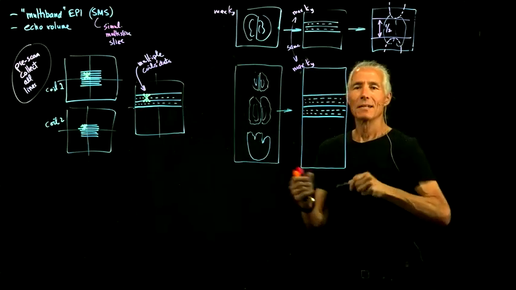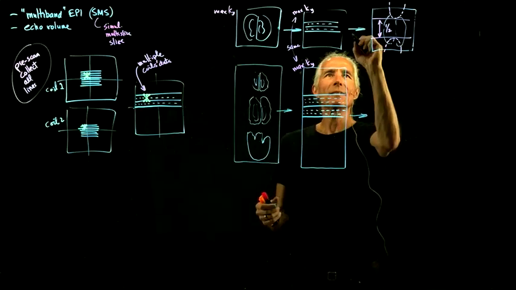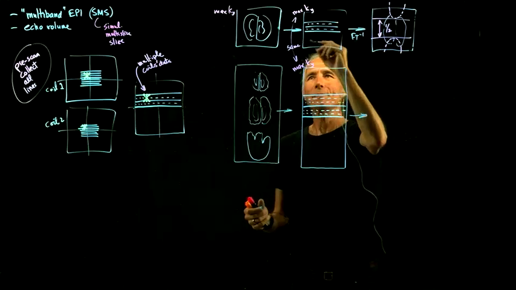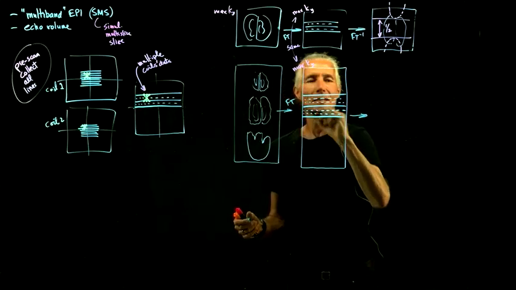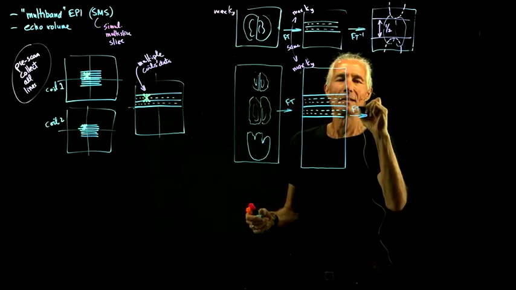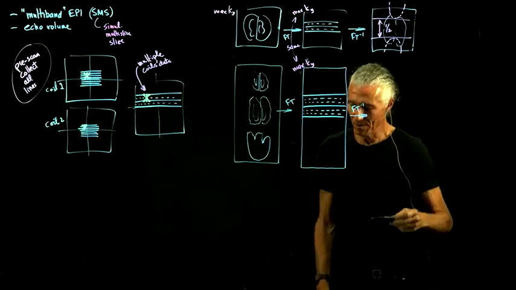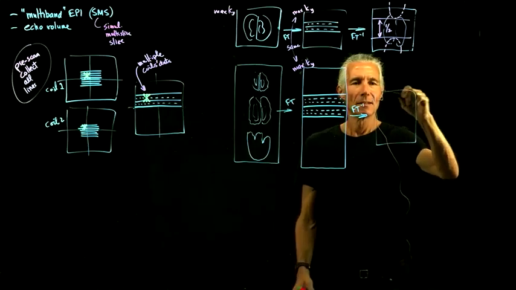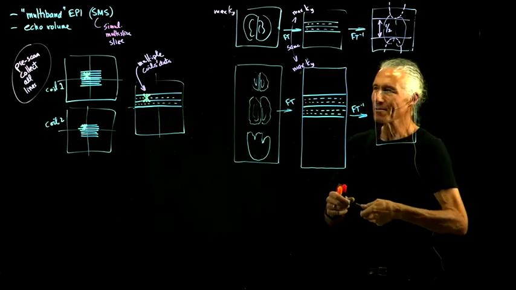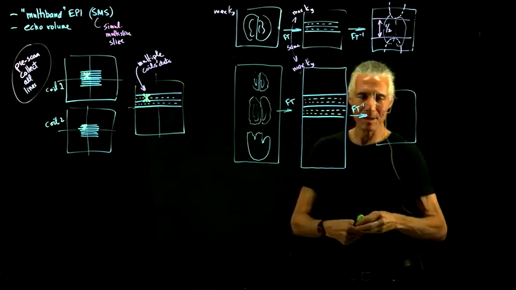If we inverse Fourier transform this, what would we get? We would get some overlapping slices. We would get what we actually see when we record a single multiband image.